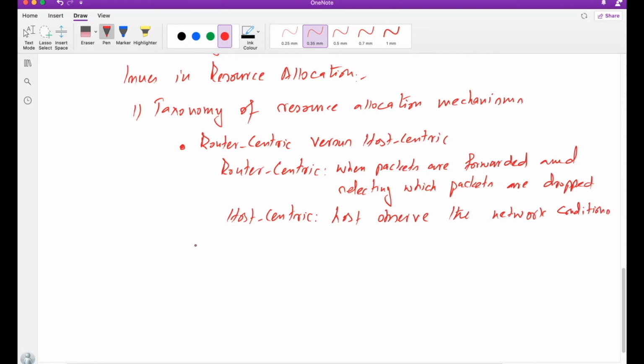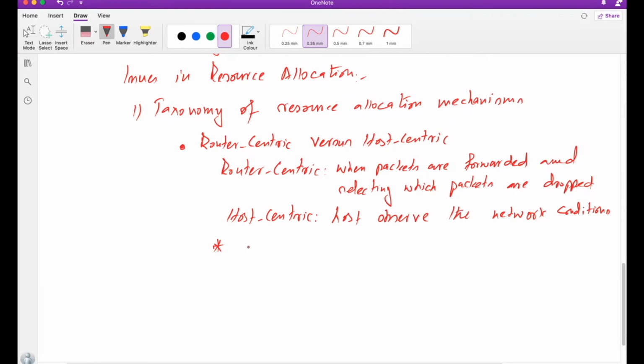But an important thing I want to note here is that these two mechanisms are not mutually exclusive. Right? These two groups of resource allocation mechanism, either implemented at a router, meaning router-centric, and or host-centric, are not mutually exclusive.